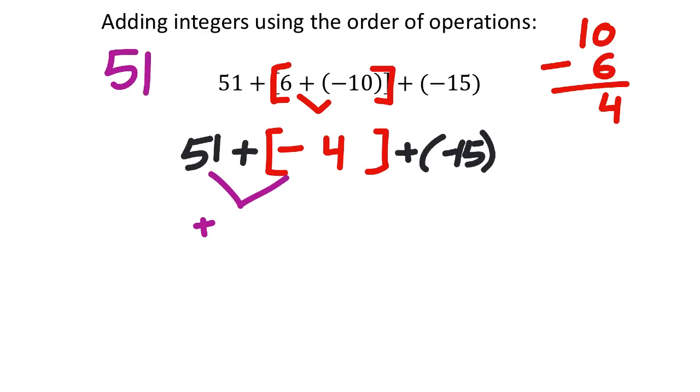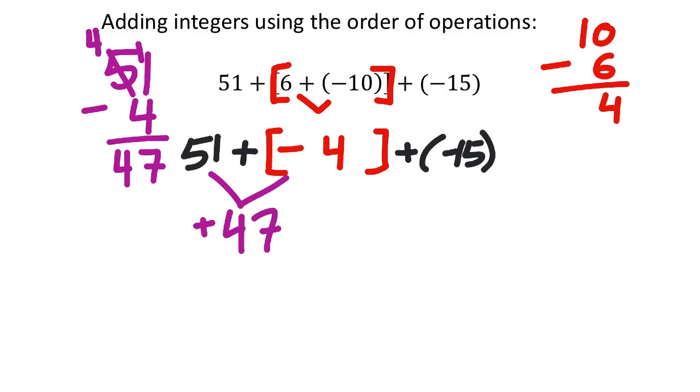Take the big number and subtract the small one, which is 4. 51 minus 4. 1 minus 4, I need to borrow. Not everyone needs to do this part, but 11 minus 4 is going to be 7. 4 is just 4, so 47. So I get 47 out of that, and the rest of the problem, right, plus negative 15.